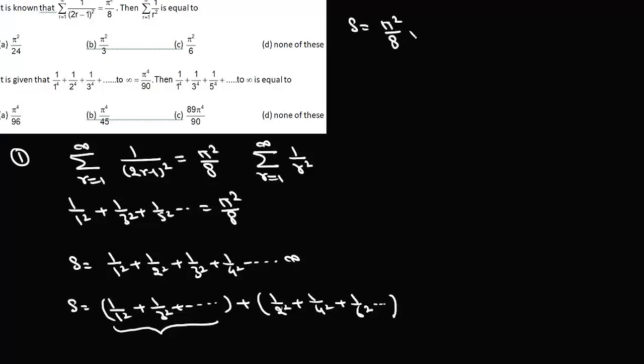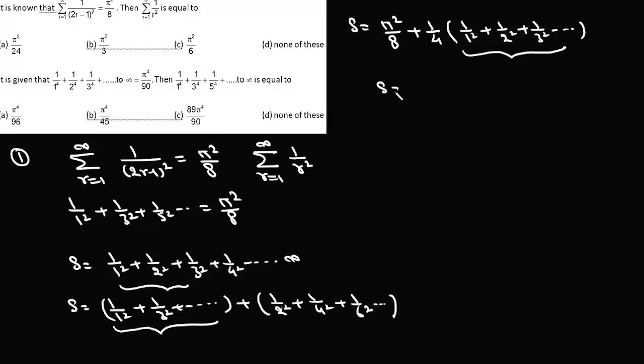Plus here we'll take 1 upon 2 square common, so we'll take 1 by 4 common, and then we'll have 1 upon 1 square plus 1 upon 2 square plus 1 upon 3 square up to infinity, and this is nothing but S. So S equals pi square by 8 plus S by 4, or we can write 3S by 4 equals pi square by 8, or the value of S is pi square by 6.